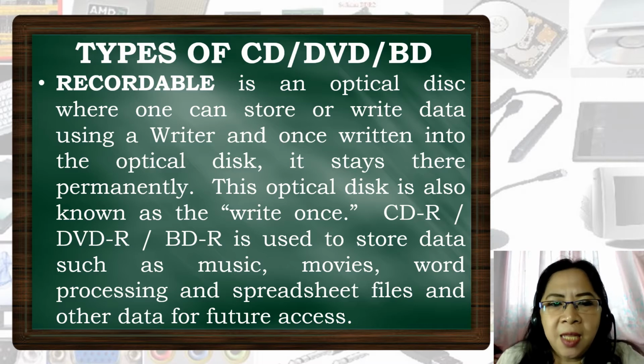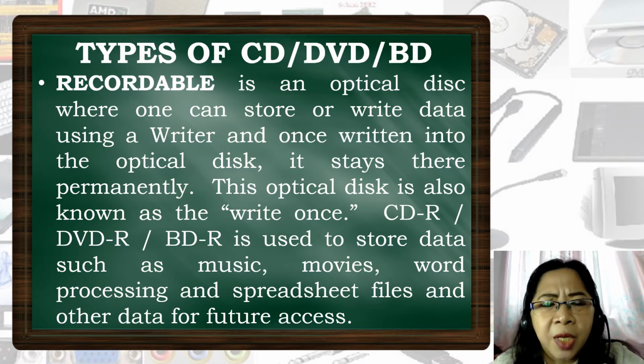Another type of CD, DVD, and BD is recordable. It is an optical disc where one can store or write data using a writer, and once written into the optical disc, it stays there permanently. This optical disc is also known as write once. CDR, DVD-R, or BD-R is used to store data such as music, movies, word processing, and spreadsheet files and other data for future access.